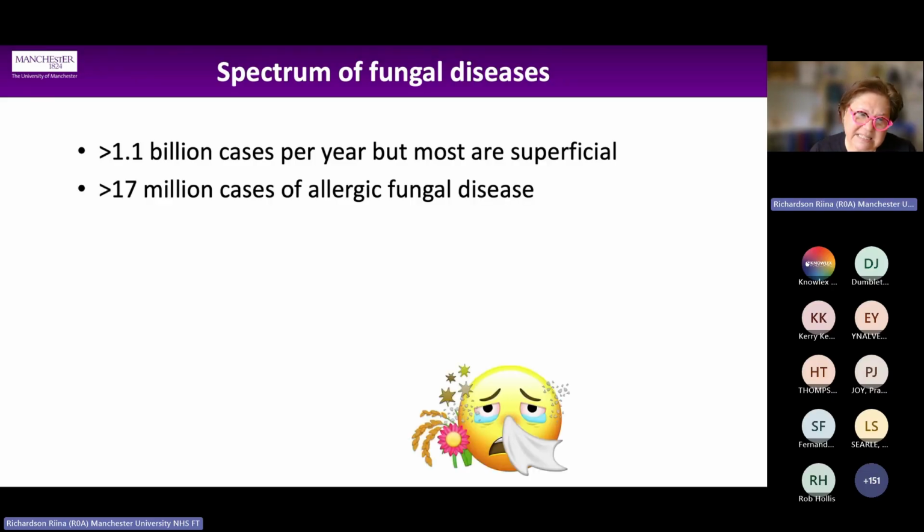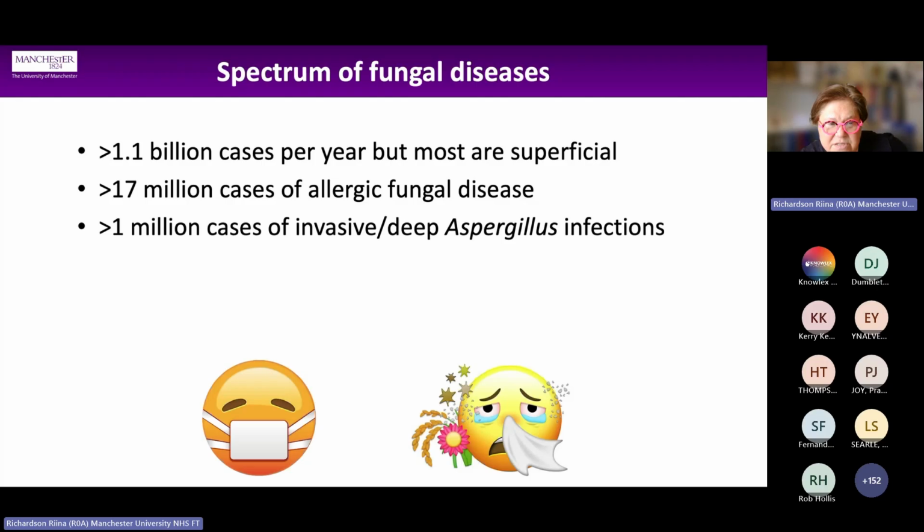There are about 17 million cases of allergic fungal disease or allergic mold disease, which is a significant number itself, and it's the biggest health impact molds can have on health. There is also a small number of invasive deep aspergillus infections, invasive mold infections globally, that is mainly seen in very immunocompromised and otherwise unwell patients.